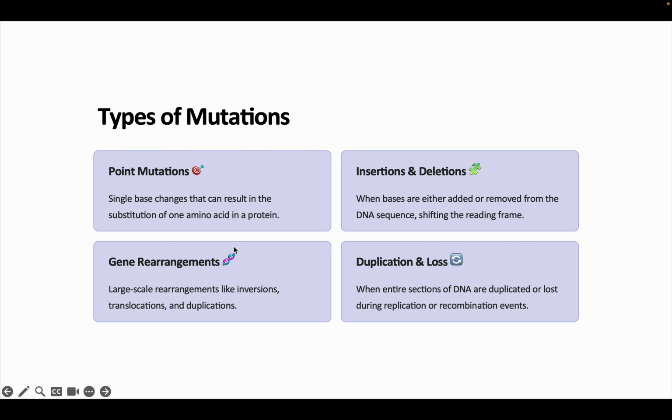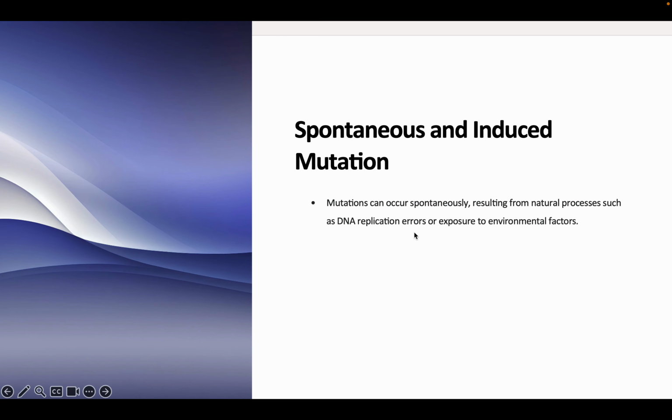So these are the major types of mutations that can happen in nature, and they can be spontaneous or induced, like we have talked about. They can occur spontaneously, from natural processes like environmental factors or DNA replication errors, because this is something which happens naturally and we cannot control it. That is an example of spontaneous mutation.